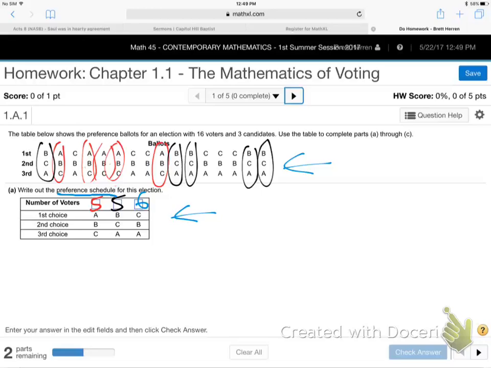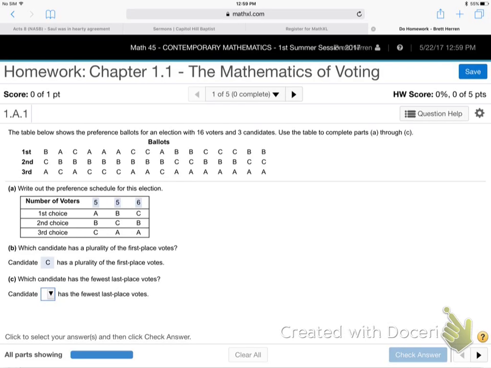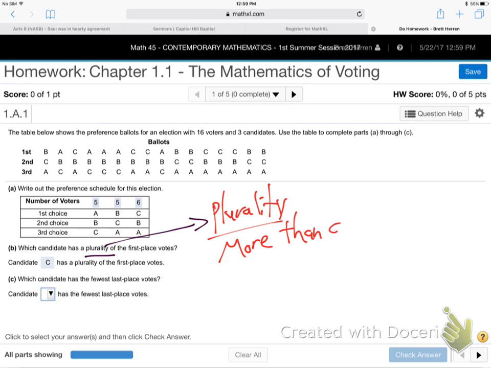Okay, let's go to part 2. I'll write that out. So, getting back, plurality means more than anyone else.